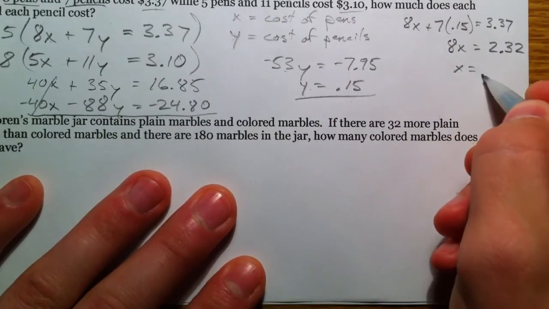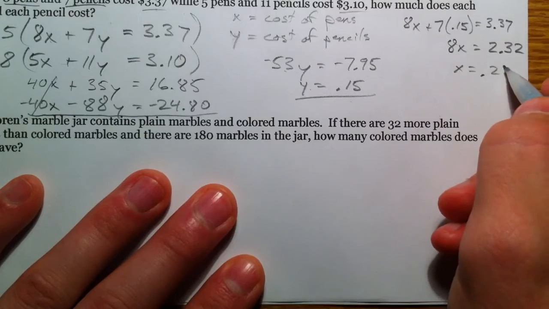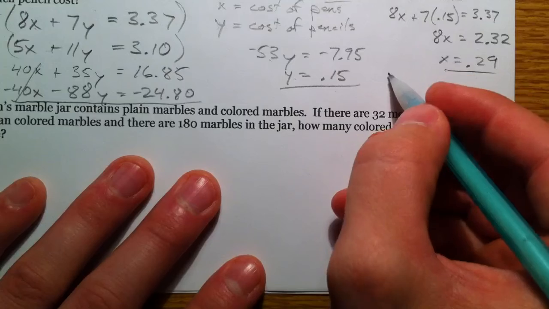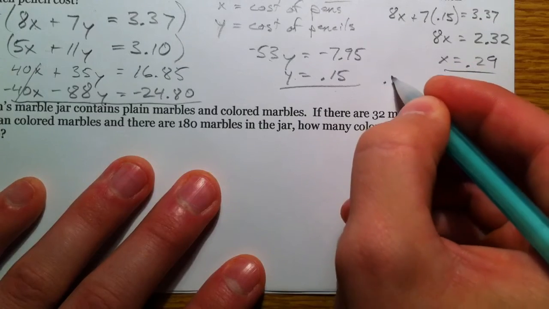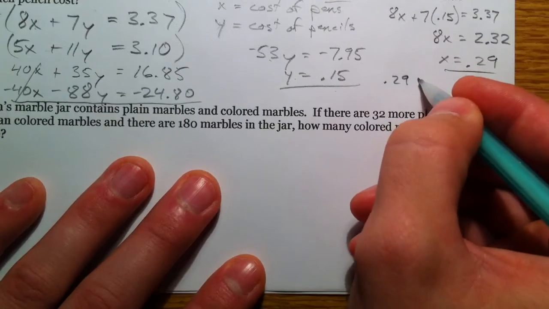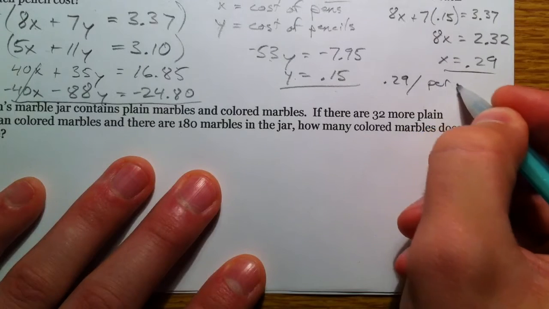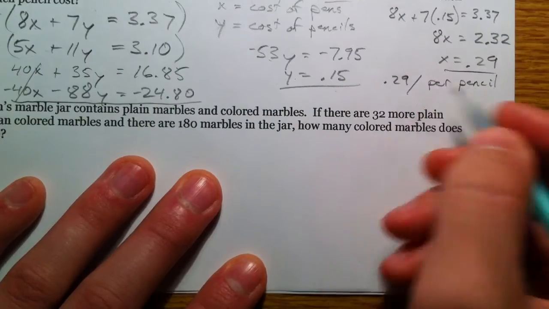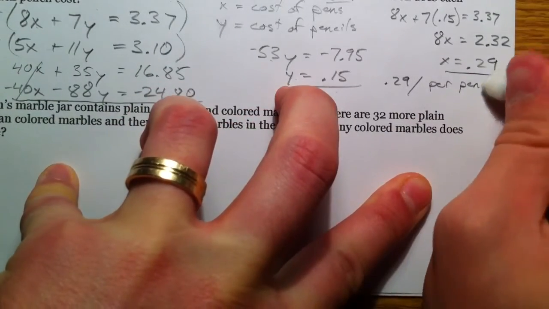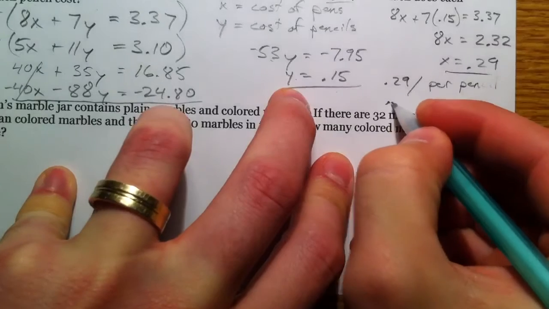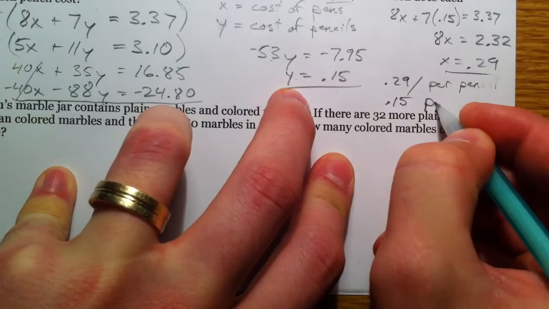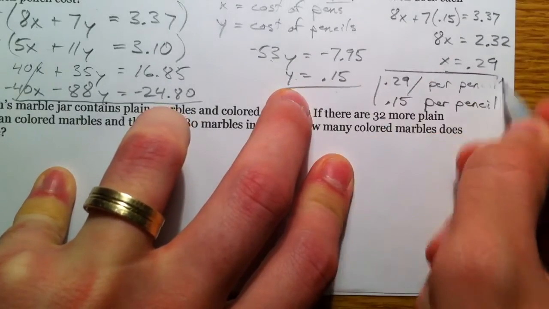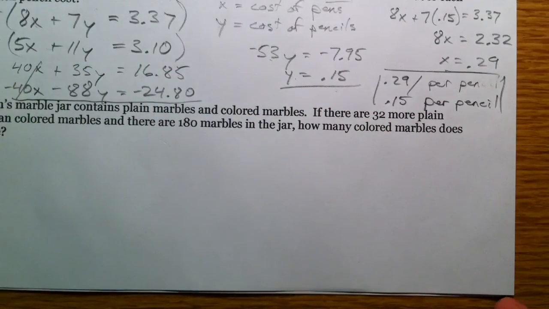And then pens are 29 cents each. So, 29 per pen, and 15 per pencil. So put it back into the context of the problem after you're done with it.